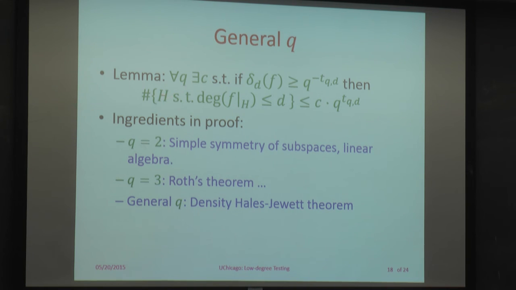The number of subspaces on which you get degree less than or equal to d is really related to the size of the number of points that you are testing. Very strangely, this relationship comes up. I mean, there is no good reason that this should be there, but that is the statement, times some constant. This constant depends on the field size but not on the degree.